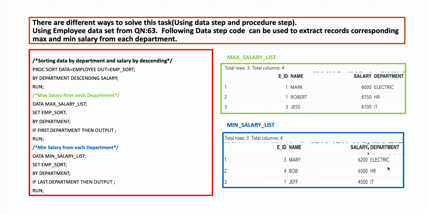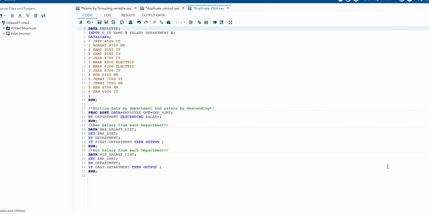If we run the same set of code in the SAS window, we will get exactly the same result. Let me go to the SAS window and run the same set of code. We are using the employee dataset here. That's why first of all let me run this first set of code, that creates the dataset employee.